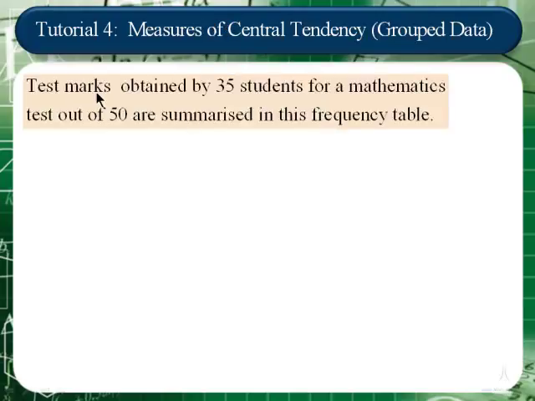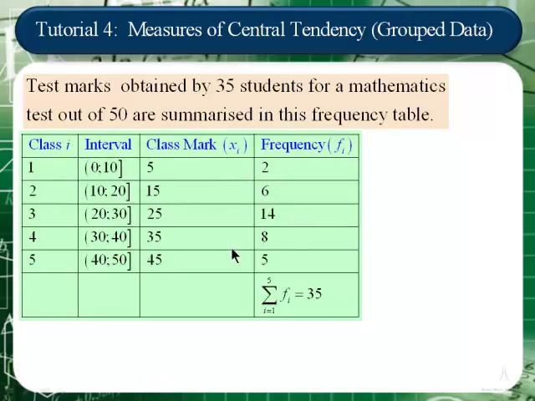We're now in a position to tackle tutorial 4, dealing with the measures of central tendency for group data. The test marks obtained by 35 students, again for a mathematics test out of 50, are summarized in the table below. We have looked at this table before.